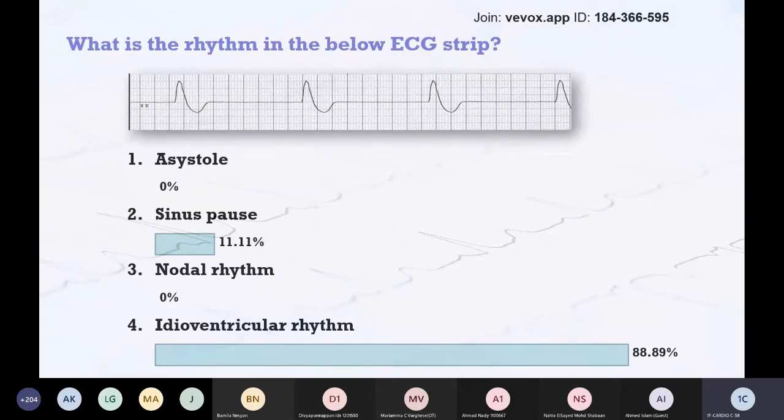Few people are insisting on sinus pause. No, that's not sinus pause. Why? Because sinus pause should be a normal ECG, and then we have a flat line for a while, then the normal ECG again. That's basically not a normal ECG. We have a wide QRS, and as I told you before, wide QRS means ventricular. So if you see idioventricular, just choose number 4.